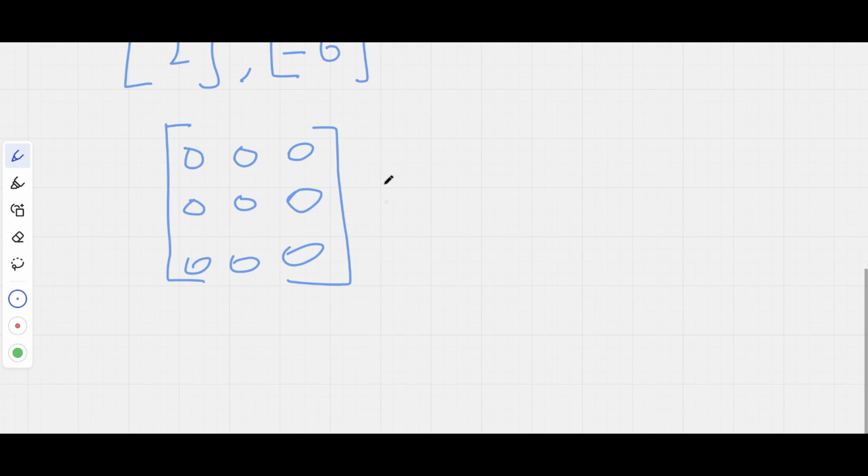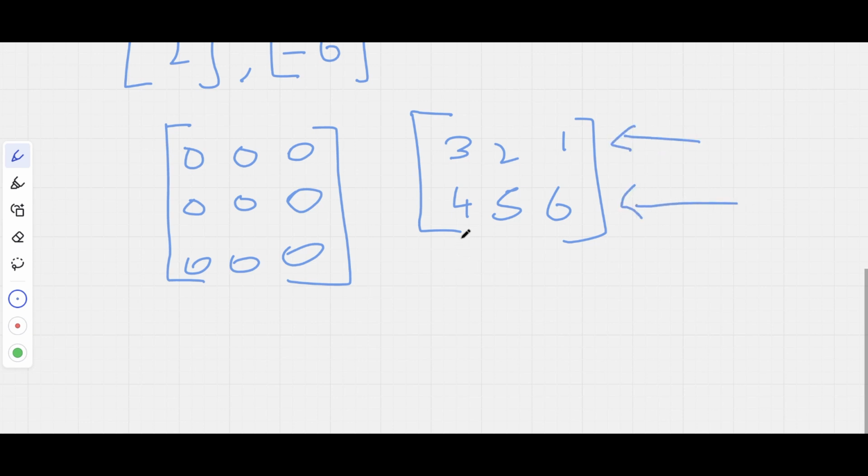Next, rectangular matrix. Rectangular matrix means 3, 2, 1, 5, 6. So this is a rectangular matrix. A rectangular matrix is a matrix where the number of columns is not equal to the number of rows. How many rows are there? First row and second row, and three columns: first column, second column, and third column.